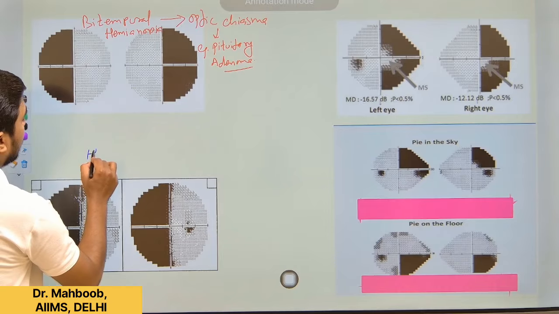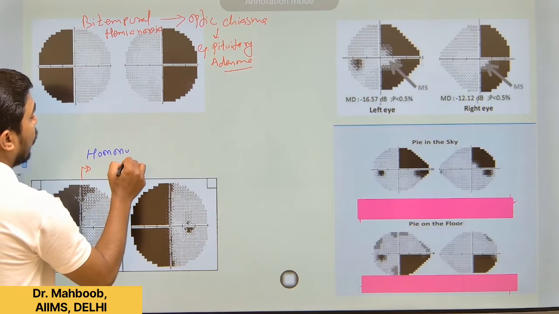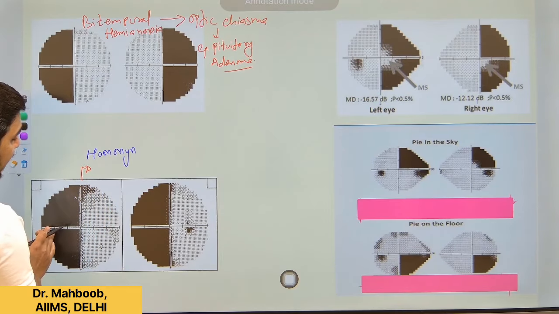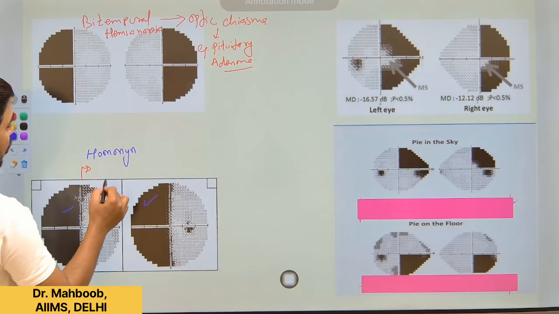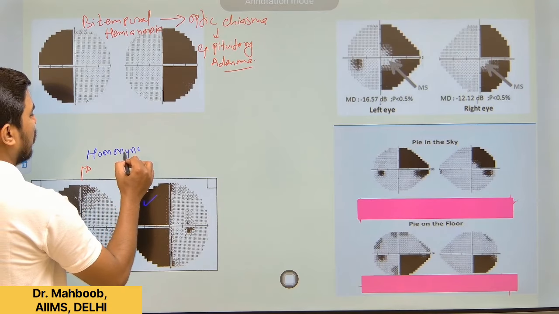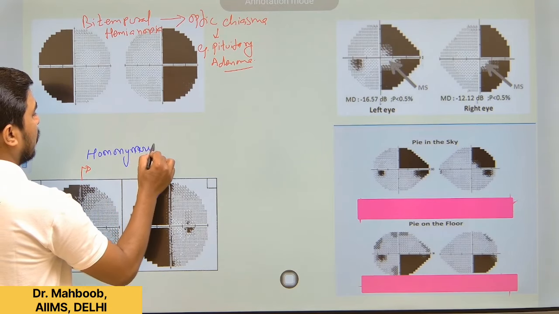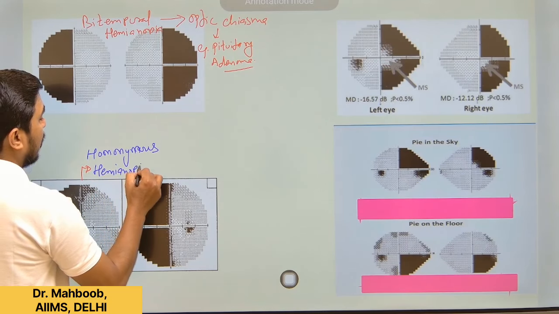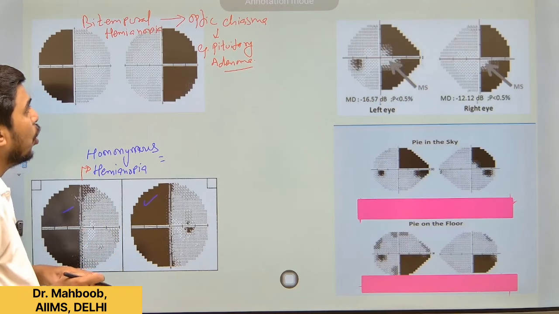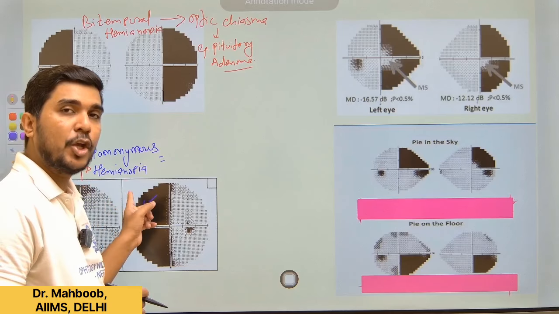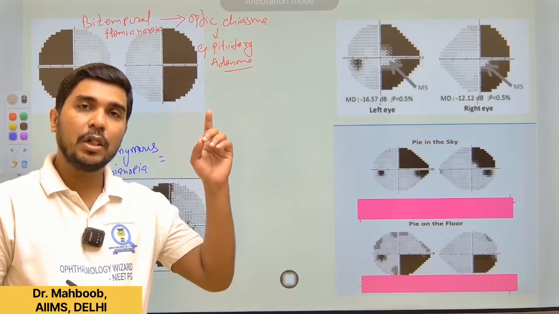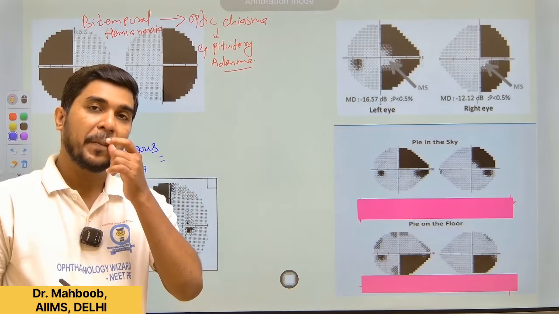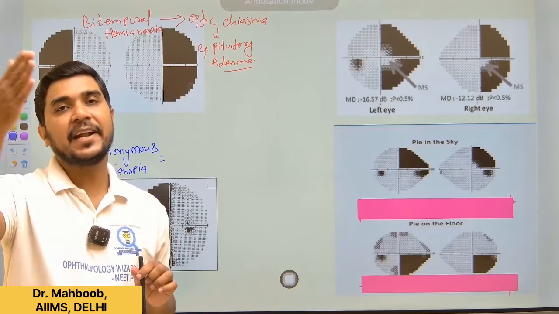This is homonymous, because this is on the same side, na? Nasal side, homonymous hemianopia. So homonymous hemianopia will be caused by all the lesions of the visual pathway behind the optic chiasma.